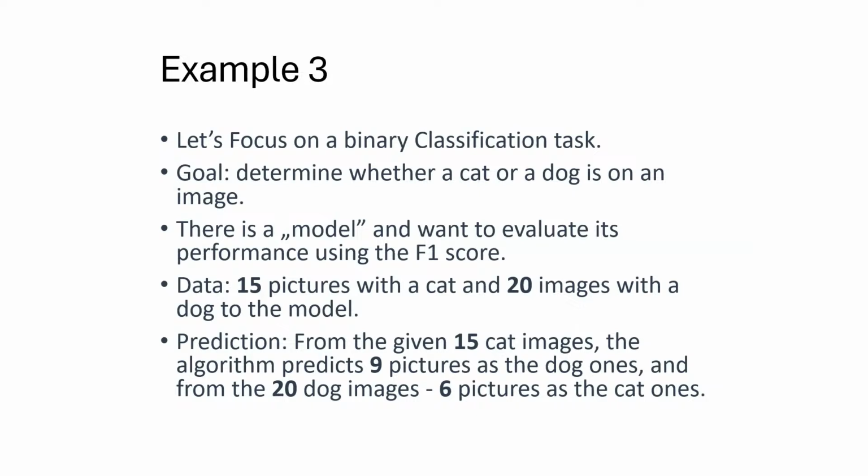What should the number be in this place? 14. Yes, 14, that's 20 minus 6. Because on dog images, 6 have been predicted as a cat, so 14 are correct.